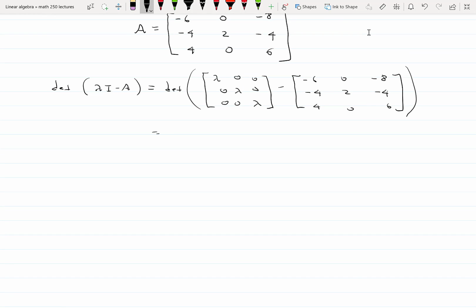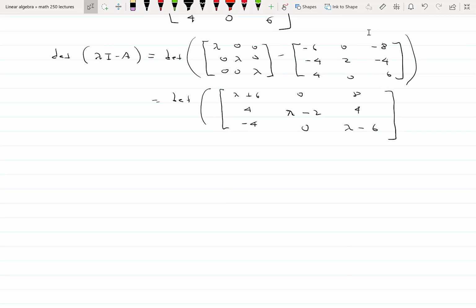Now it gets a little more complicated than before. This is lambda plus 6. Let's look along the diagonal first: lambda plus 6, lambda minus 2, and lambda minus 6, and minus the values of A. So 4, -4, 0, zeros, 8, and 4. I'm trying to be real careful here. This is where I tend to make mistakes, and there's a lot of numbers floating around.